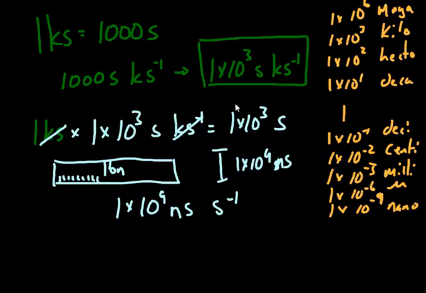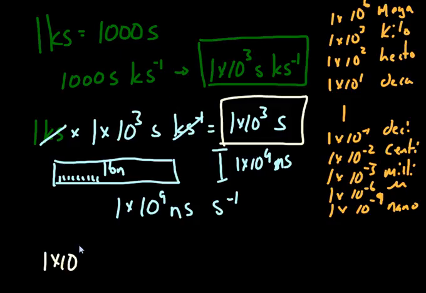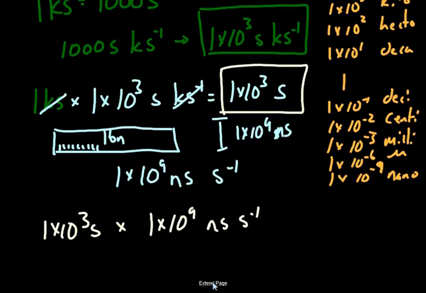So we're going to take where we ended off before, which was here. So my 1 kilosecond is the same as saying 1 times 10 to the 3 seconds, times 1 times 10 to the 9 nanoseconds in every individual second. And seconds cross off.